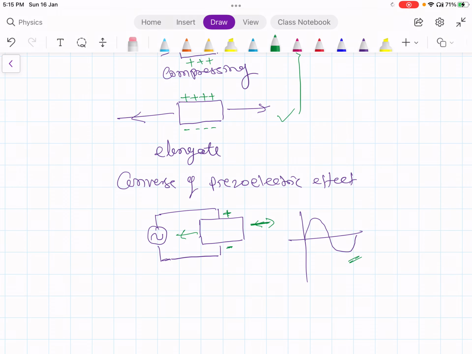And in the second half, this surface gets negative charge and this is getting positive charge. It means it compresses. So as per the frequency of the applied voltage, the material elongates and compresses. That is converse piezoelectric effect.